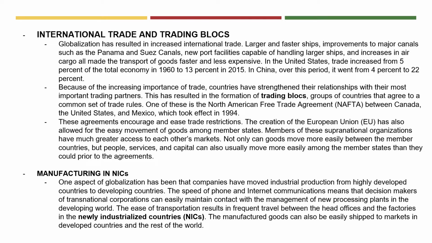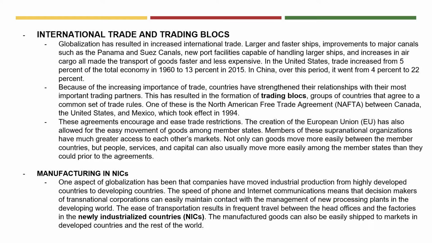Now, under President Trump's administration, he did renegotiate NAFTA and renamed it, but it is essentially the same trading bloc and same agreement. It's now called the USMCA, which stands for United States-Mexico-Canada Agreement. These agreements encourage and ease trade restrictions.